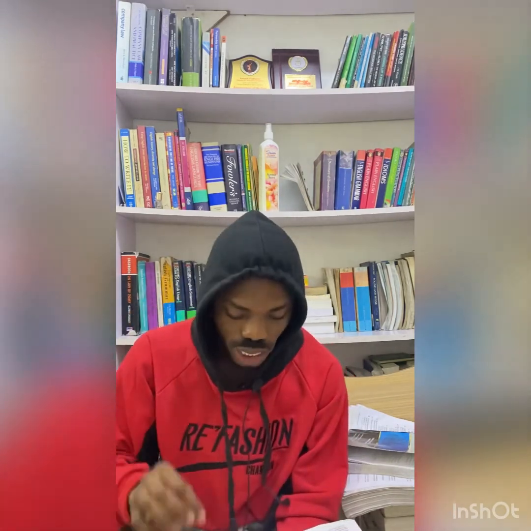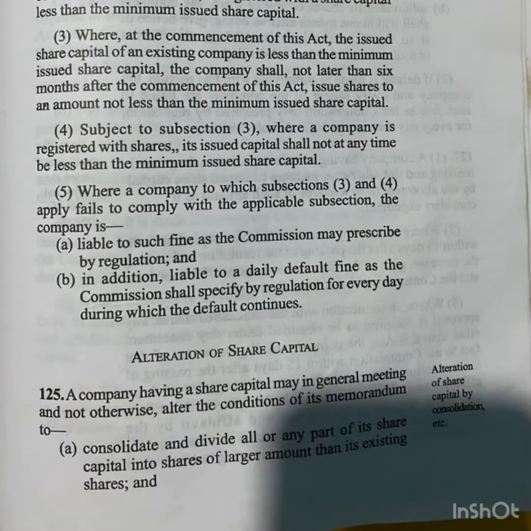What should happen? Then section 124 subsection 5 says, where a company to which subsections 3 and 4 apply fails to comply with the applicable section, the company is A, liable to such fine as the commission may prescribe by regulation, and B, in addition, liable to a daily default fine as the commission shall specify by regulation for every day during which the default continues.